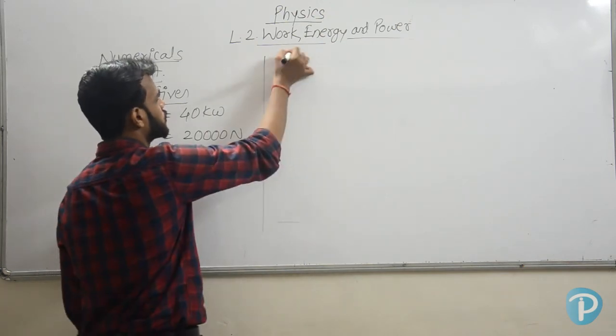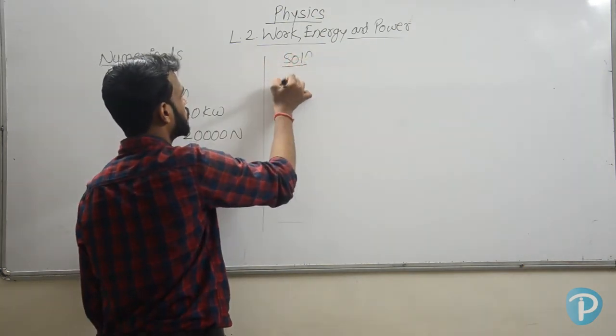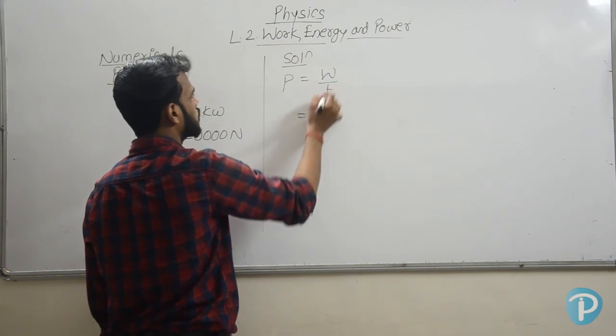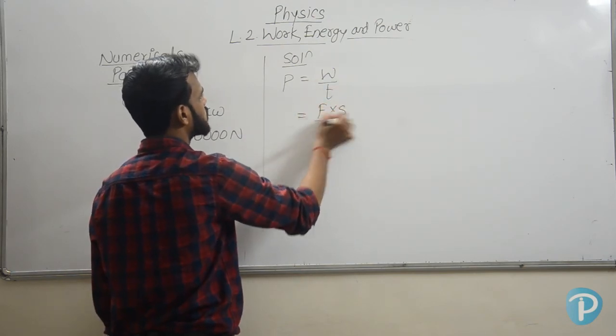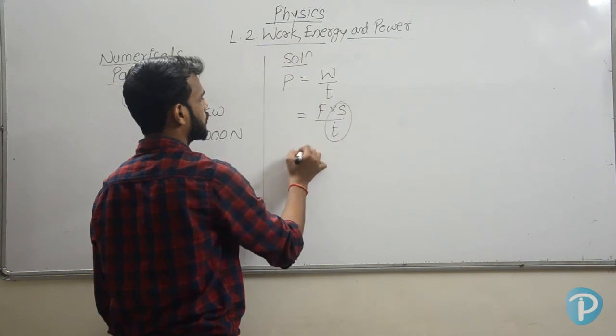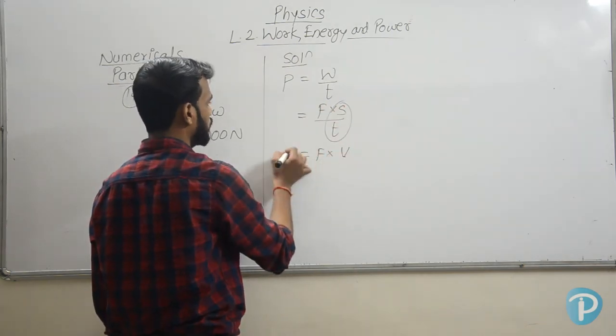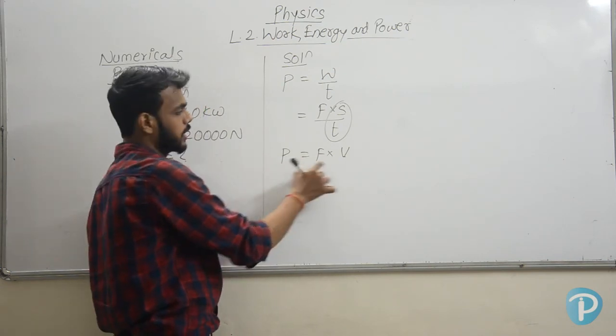Solution. As we know, power is equal to work done upon time. Work done is force into displacement upon time, and we know that displacement upon time is velocity v. So P can be considered as F into v.